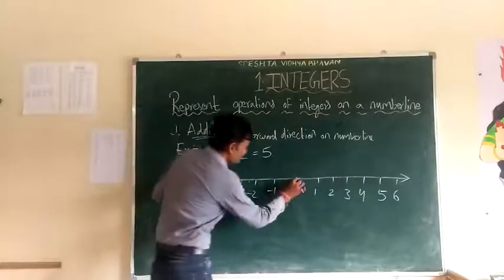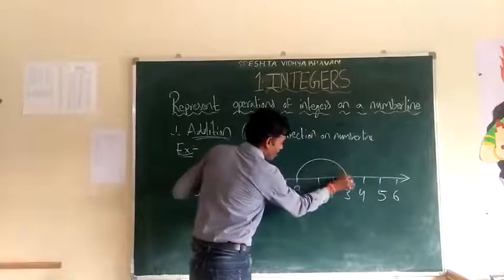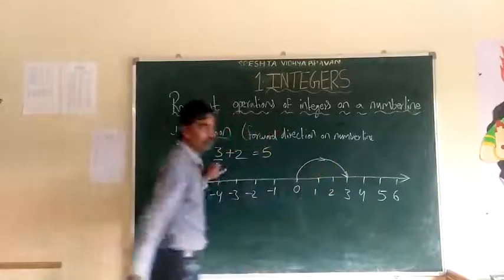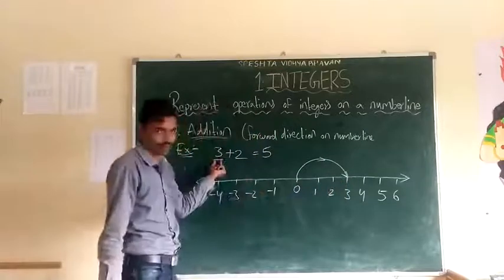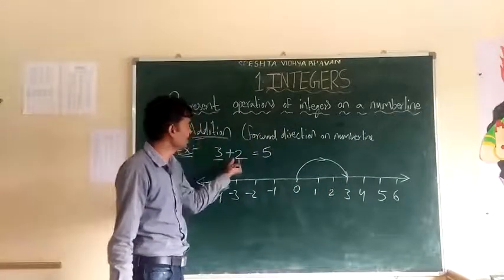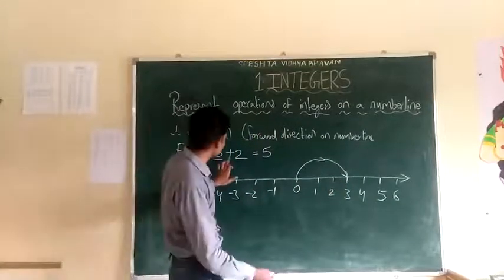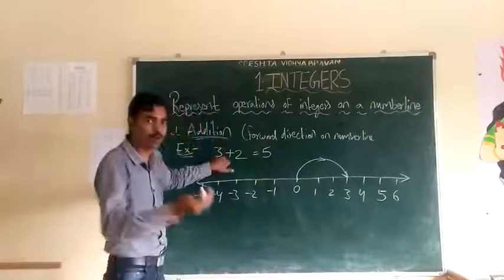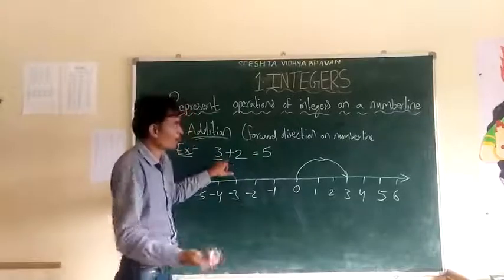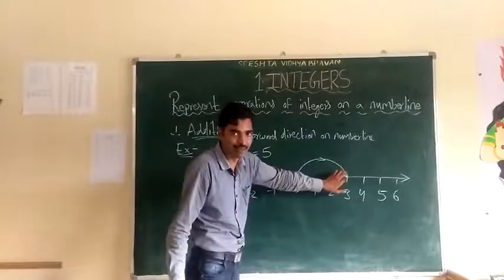That means 0 plus 3, the forward direction, that means up to 3, the first number. And plus 2, the additional 2. Addition also means a forward direction, so we have to move forward on the number line.